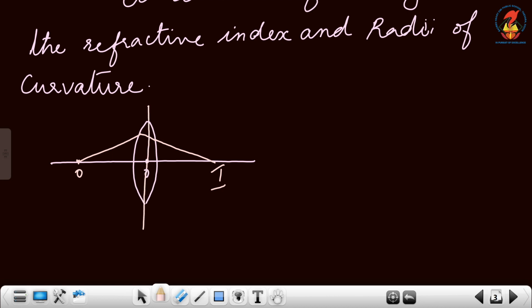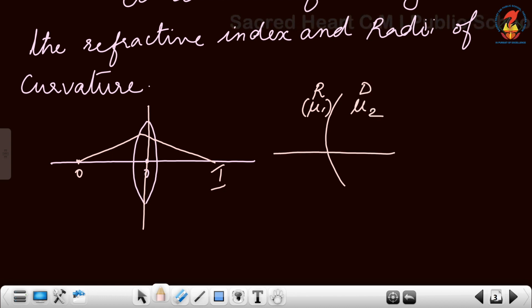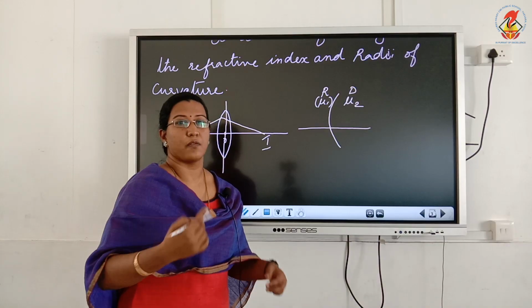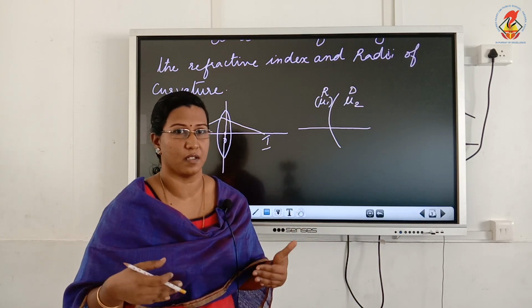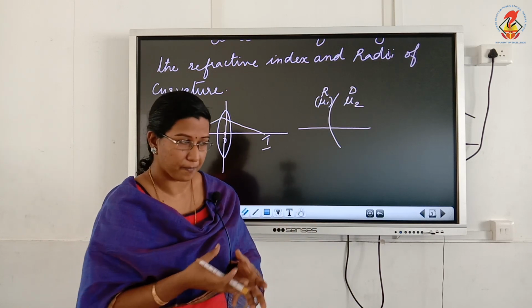One is a convex surface which separates the rarer medium having refractive index mu1 from the denser medium having refractive index mu2, and using the equation of refraction through a convex surface, we will derive an equation.